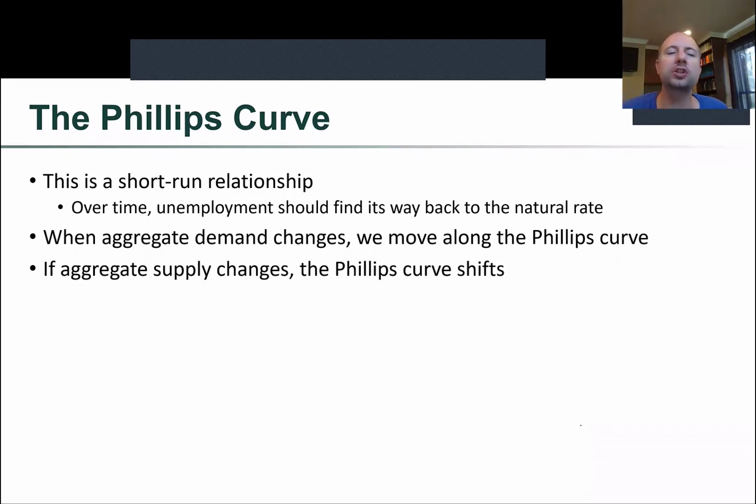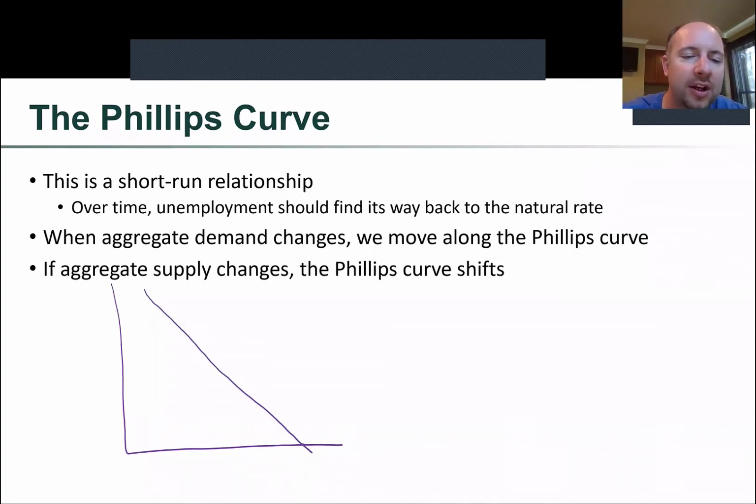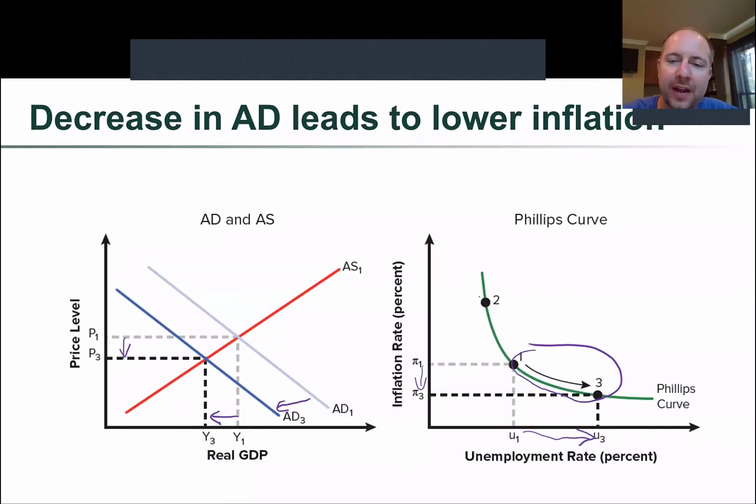This is also just talking about aggregate demand, right? So all of the changes we talked about were moving aggregate demand to the right or to the left. If aggregate supply changes, then we have to move the whole Phillips curve, right? So with aggregate demand, we were finding different points on the curve.